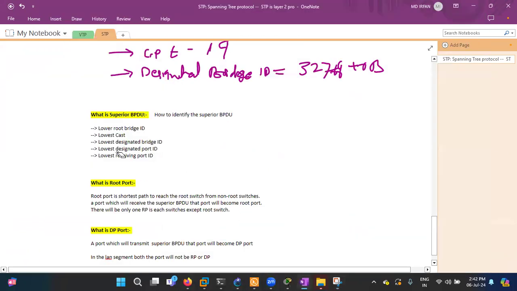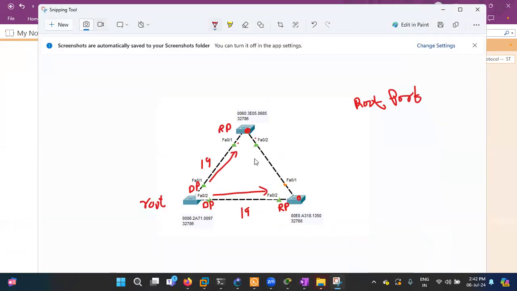Now, third point is lowest designated bridge ID. What I said, designated bridge ID means what? This local information is the designated bridge ID, right?